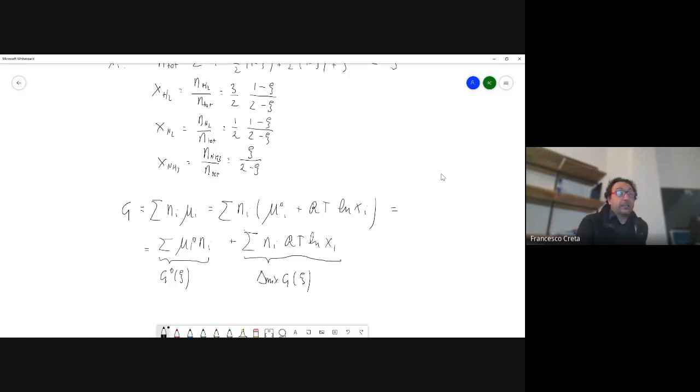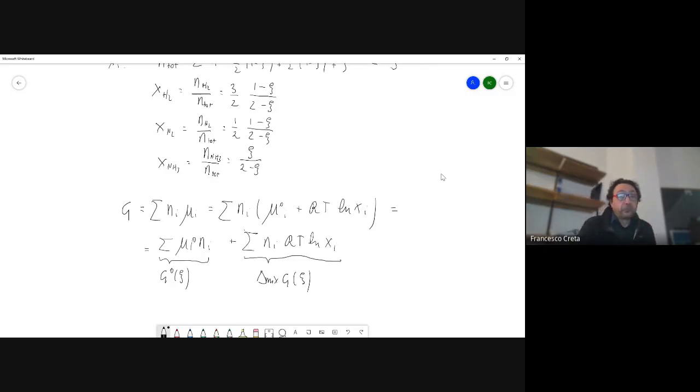So imagine the Gibbs energy, for a given composition, as the Gibbs energy of the pure substances, when I have, so to speak, an internal constraint that keeps them from mixing. And then this is the change of Gibbs energy upon mixing for the same number of moles. So I have these numbers of moles of pure species separate, and then I mix, and this is the change of Gibbs energy.